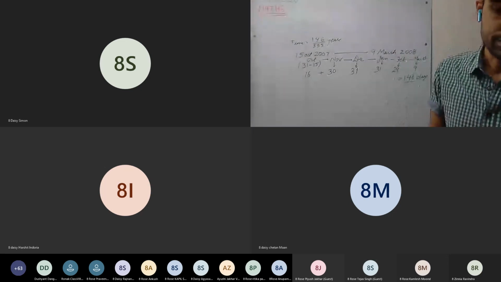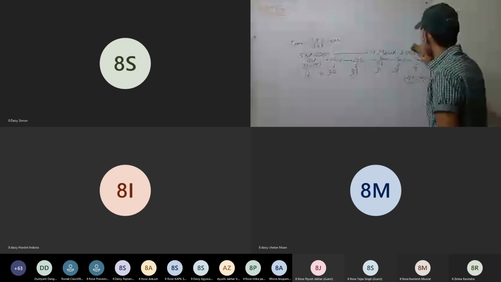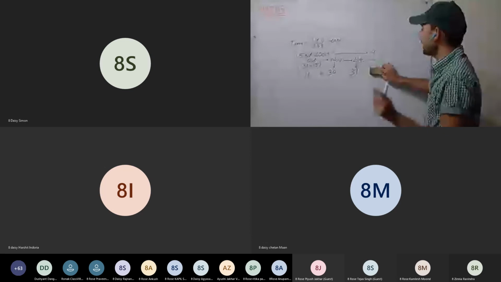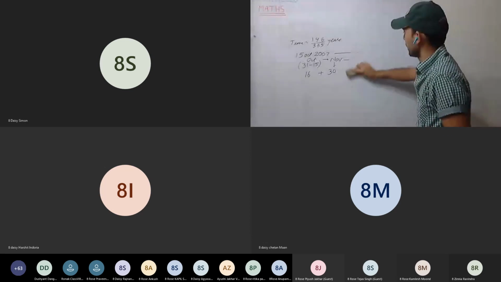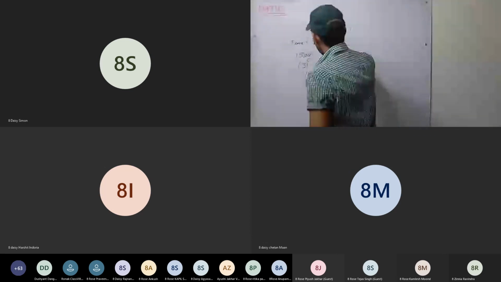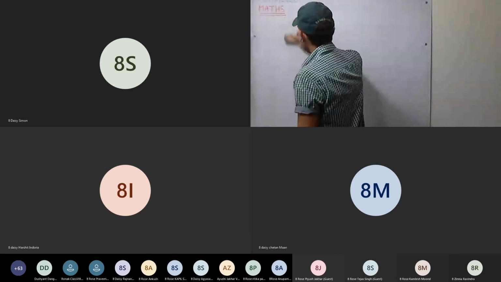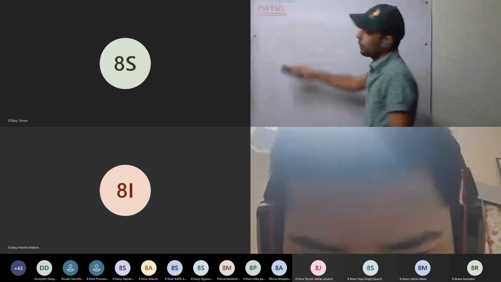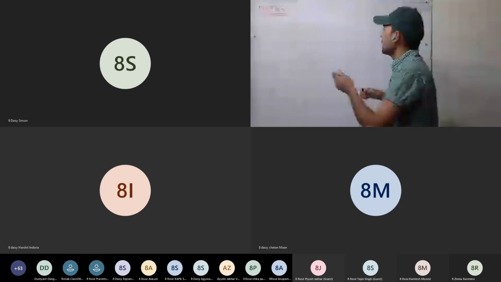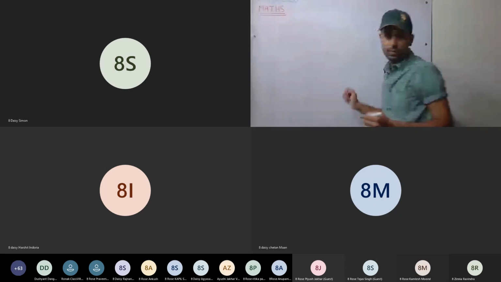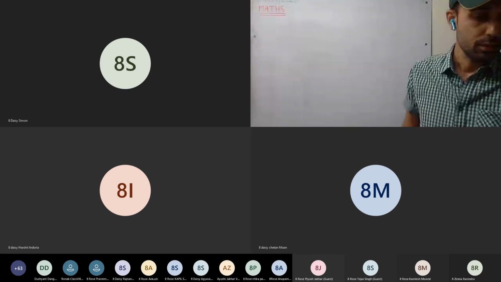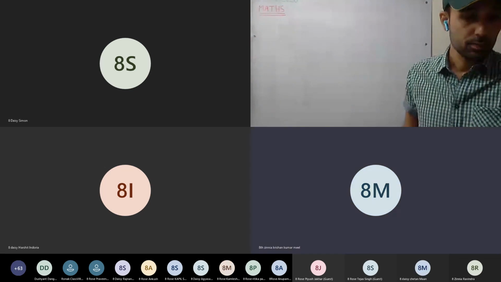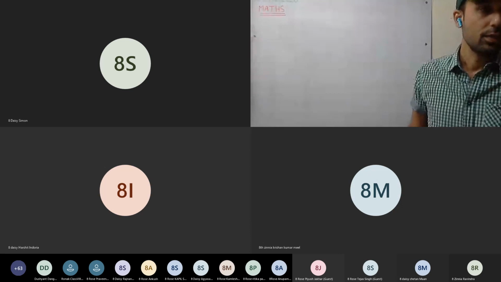Complete third question. Find the interest. In 1 minute, find the interest, and next 20 seconds, find the amount. Those who have completed third question, go for the fourth question. Write all the figures.